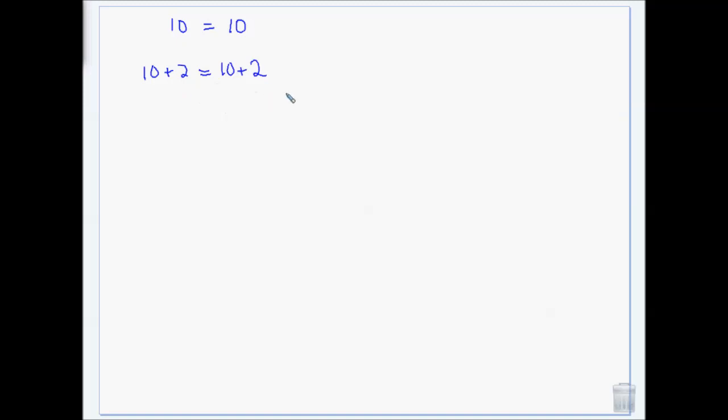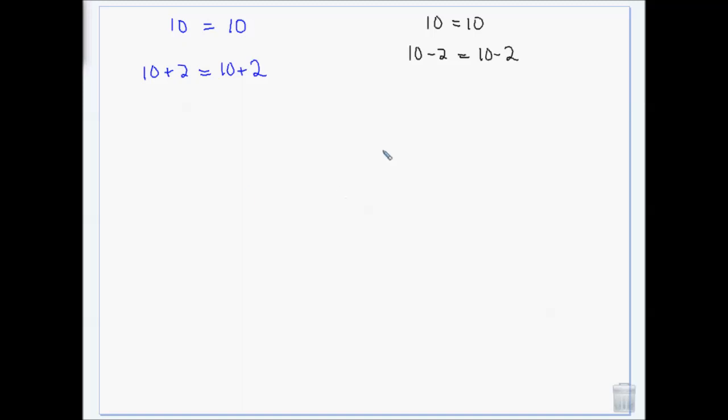I can add the same thing to both sides, and it's still equal. Likewise, the subtraction property of equality tells me I can subtract the same thing from both sides, and it's still equal. So if I subtract 2 from both sides, it's still equal. Does that make sense? As long as I add or subtract the same thing to both sides, it's equal.